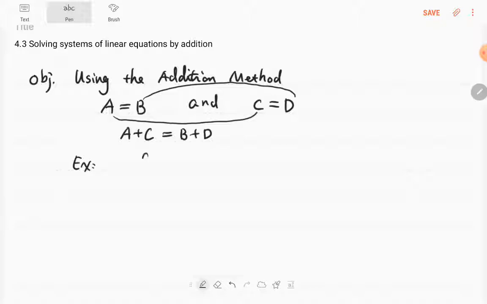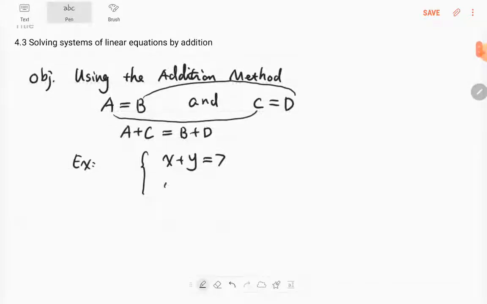So first example, it's an easy example. When we try to solve the system of linear equations, we actually want to eliminate one variable. We want to transform two variables into a one variable equation, right? So we can solve for x or y.